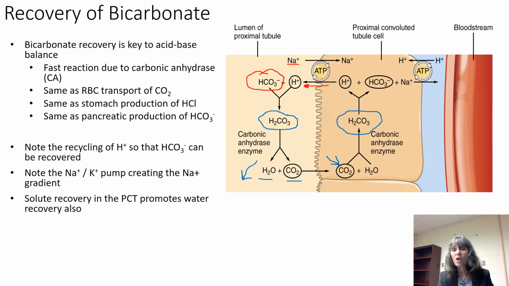And then again, the carbonic acid will be further broken down by the carbonic anhydrase enzyme into free hydrogen ions and bicarbonate. Bicarbonate will join with sodium that was reabsorbed here, and the sodium bicarbonate will be actively transported in antiport with hydrogen.